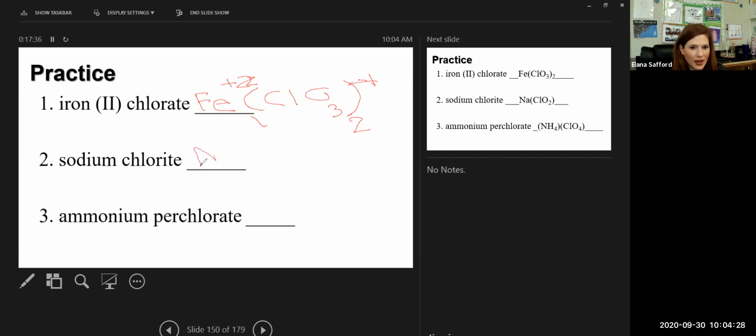Our next one is going to be sodium chlorite. Sodium is Na. Chlorite, I'm going to find it on my list. Chlorite is ClO2.